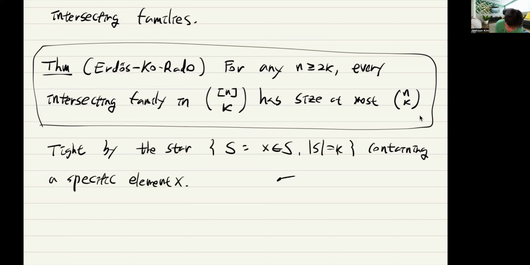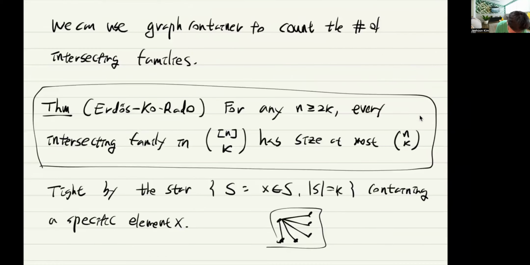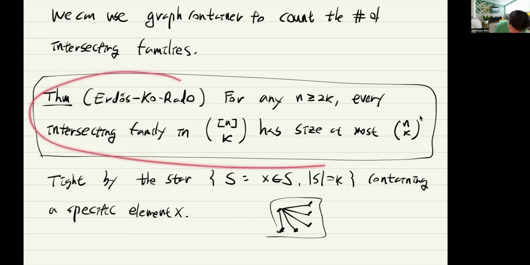It's called a star because this is an analog of the graph case, where you have one specific vertex and every edge contains it, and it looks like a star. Okay, so we know that.